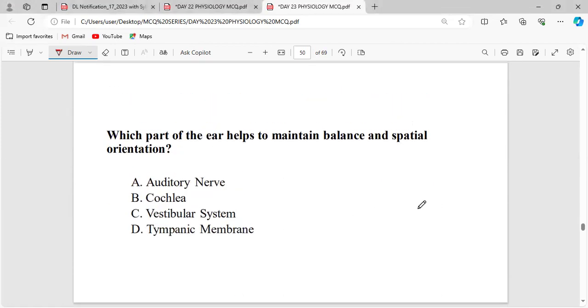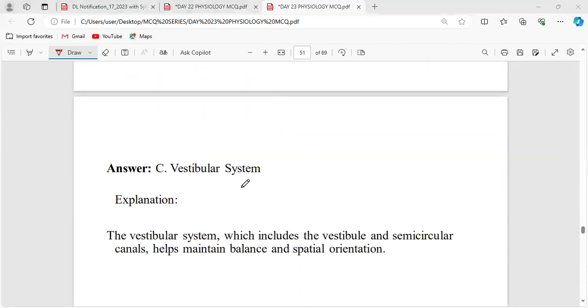Which part of the ear helps to maintain balance and spatial orientation? 3 more minutes. That will be the vestibular system.